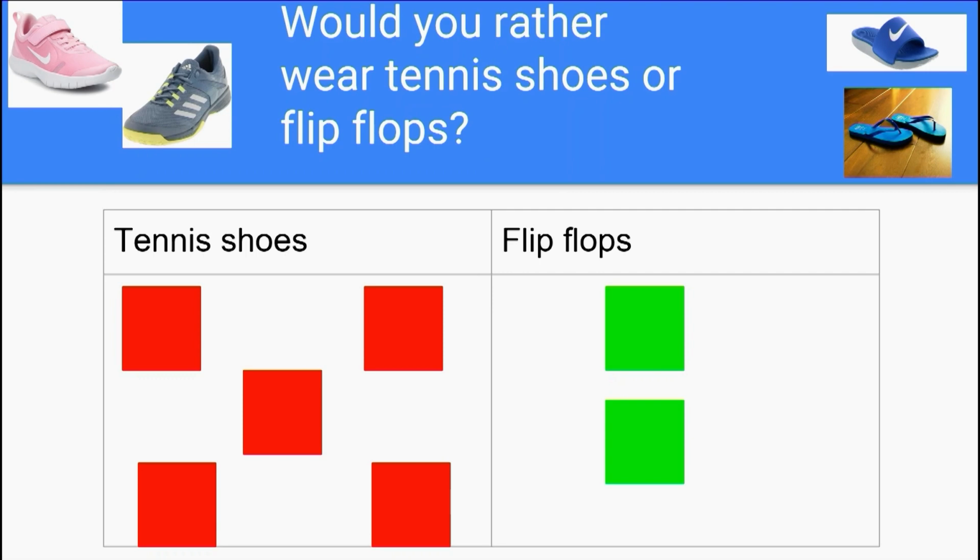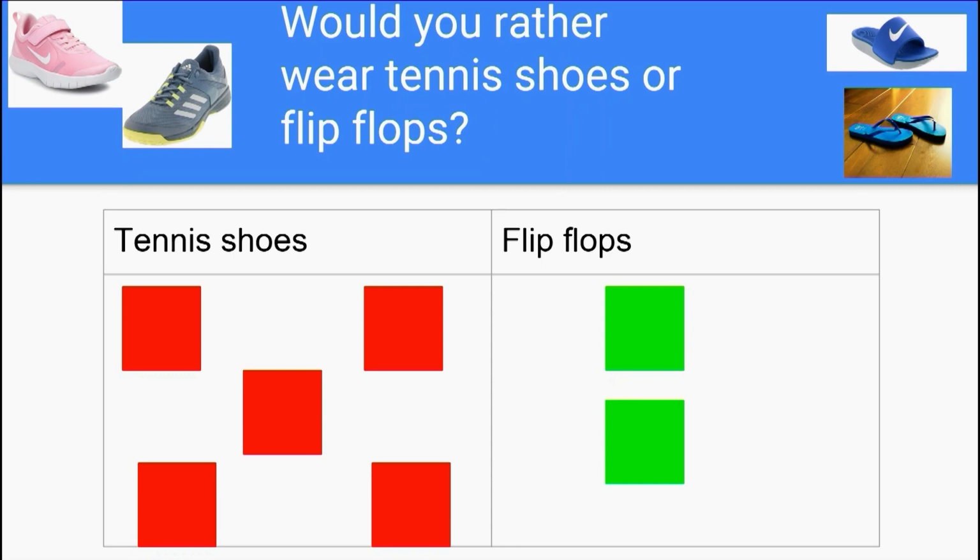Which type of shoe would your family members rather wear? Tennis shoes? How do you know? I asked each person to get their opinion. How many people did you ask in all? How could we figure that out using the cubes?